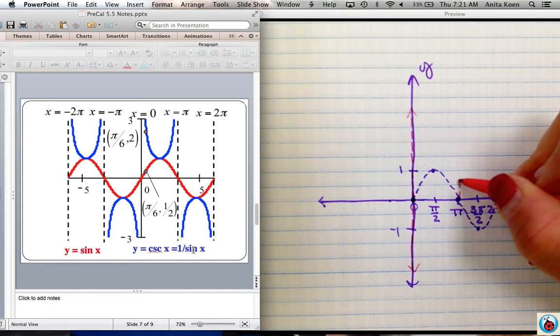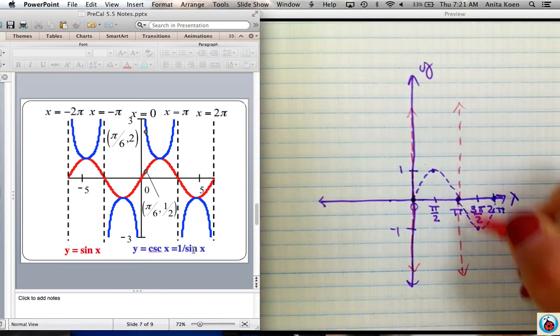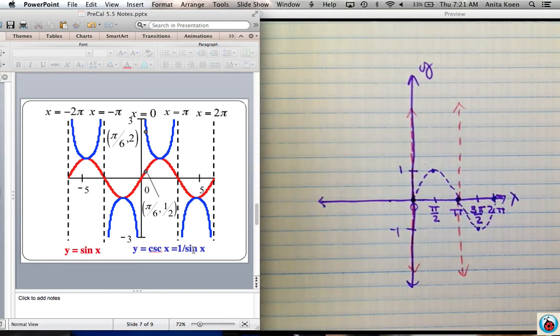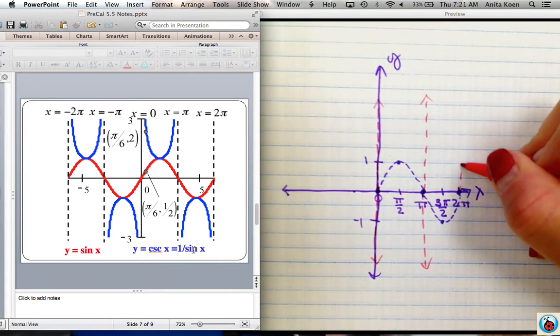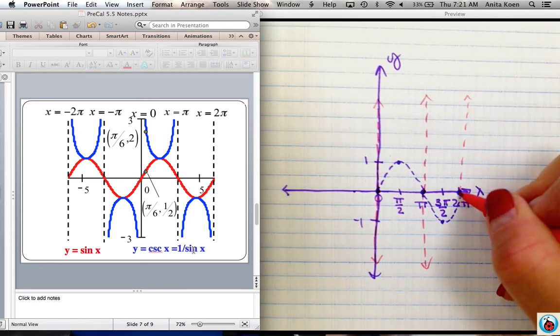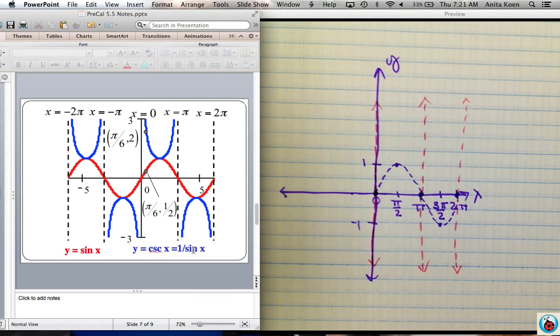Right here at pi, if the sine is 0, the cosecant is going to be 1 over 0, which is undefined. And right here at 2 pi, if the sine is 0, then the cosecant is going to be undefined, 1 over 0.